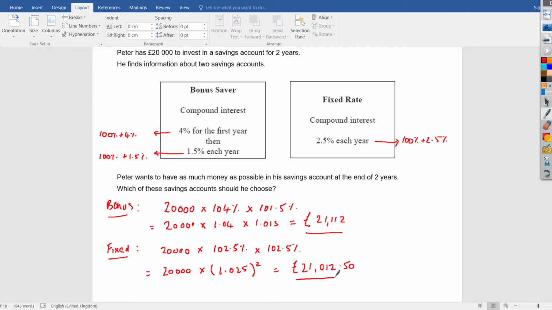So that again, £21,012.50. As you can see, the bonus saver will earn Peter more money.